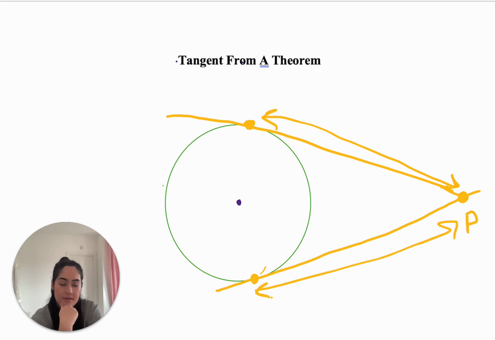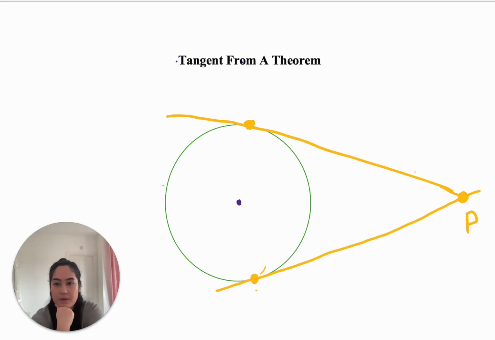So these two lengths will be the same as each other. It might not be demonstrated using arrows, but these two lengths will be the same as each other. And if we have a line from the center of the circle to point P where they meet, this angle will be split into two. So if it was originally 50 degrees, then this is going to be 25 degrees, and this is also going to be 25 degrees here.